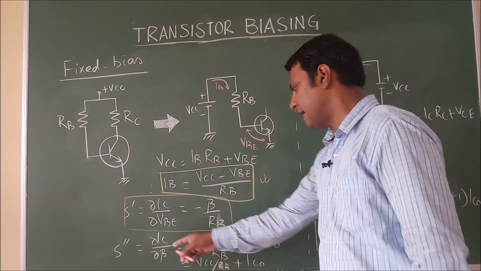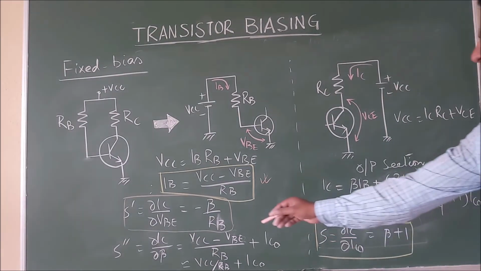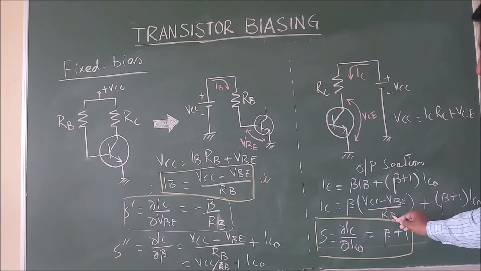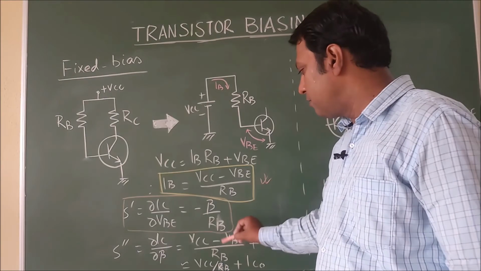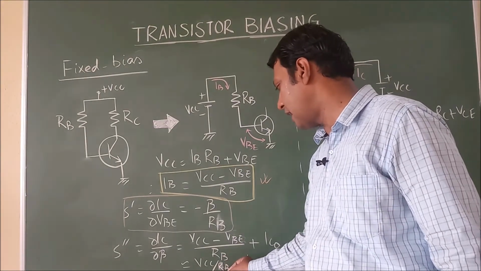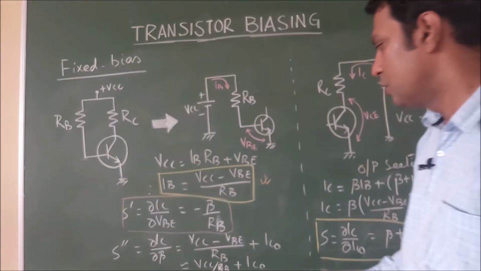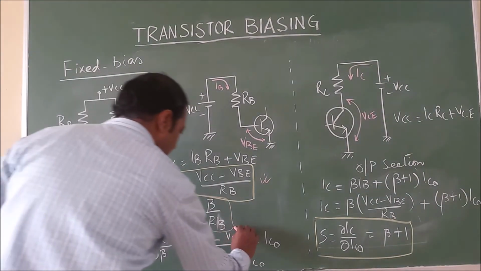And the third one, S double dash, is del IC by del beta. So it is VCC minus VBE by RB plus ICO. Now VBE is very small compared to VCC, so we approximate it as VCC by RB plus ICO. So these are the stability factors.